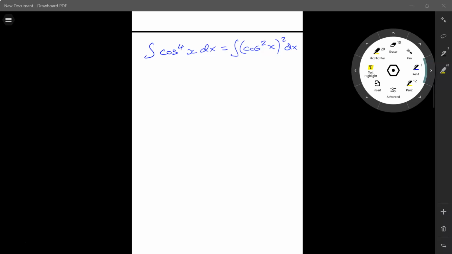Do we calculate cosine x squared, or what do we do next? Substitute in. Really, what I should have said was substitute in. What I wrote there was wrong. I should have actually said let cosine x squared equal this. So the next step is this: substitute in for cosine squared x.